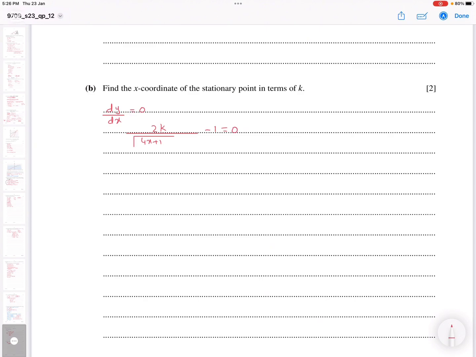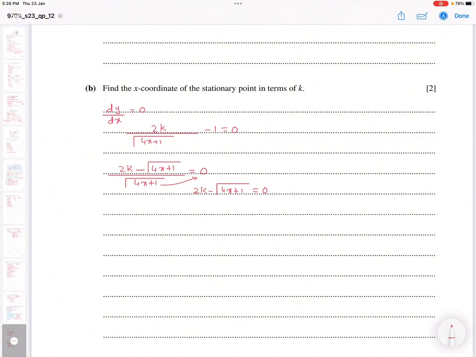Taking the LCM, the denominator will multiply by 0 and it will be no more. So we can write 2k minus the square root of 4x plus 1 is equal to 0.